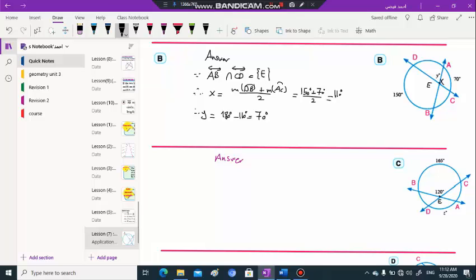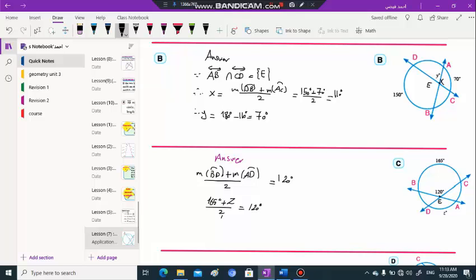So I will make an equation: the measure of arc BD plus the measure of arc AD divided by 2 equals this angle, which is 120 degrees. So the measure of arc BD, 165 degrees, plus the measure of arc AD, which is Z, divided by 2 equals 120 degrees.